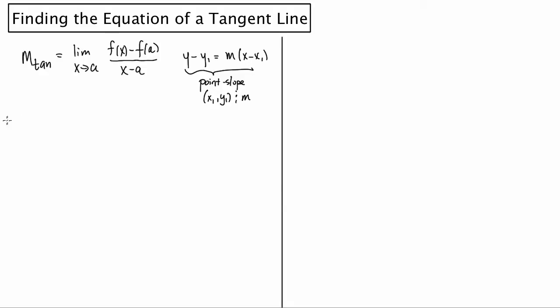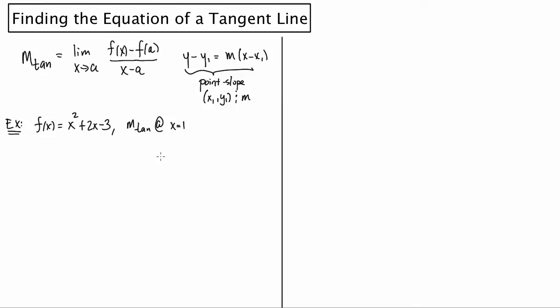So let's look at an example using this formula. Let our function be x squared plus 2x minus 3, and I want to find the equation of the tangent line at, let's say, x equal to 1.